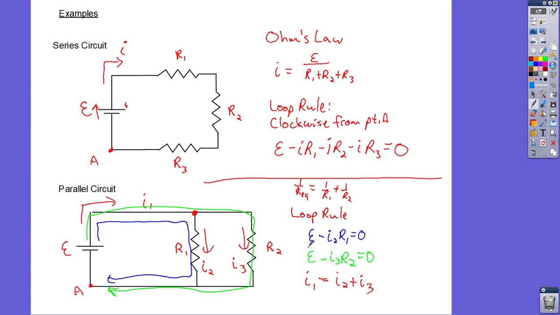And this also, just looking at this loop rule, makes you realize that the voltage drop across R1, which is the current through it times its resistance, has to equal the EMF, and the voltage drop across R2 also has to equal the EMF in this case. So that's a good example of a simple parallel circuit.